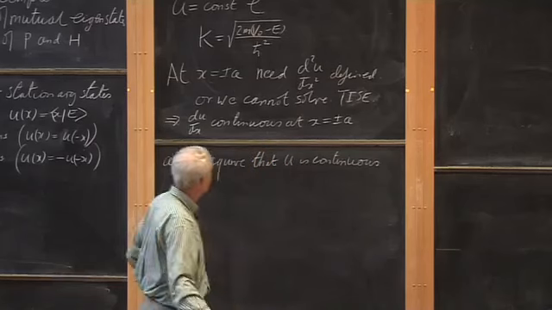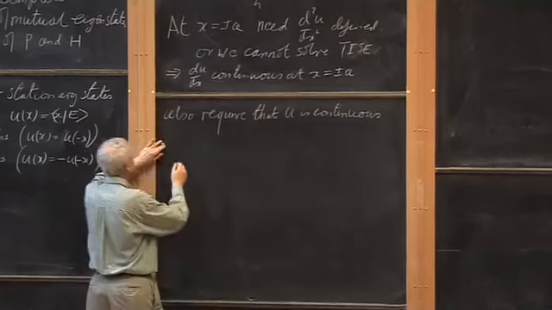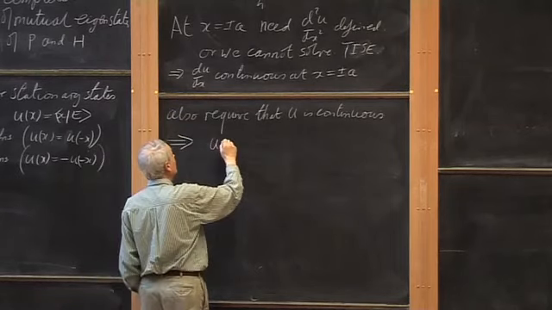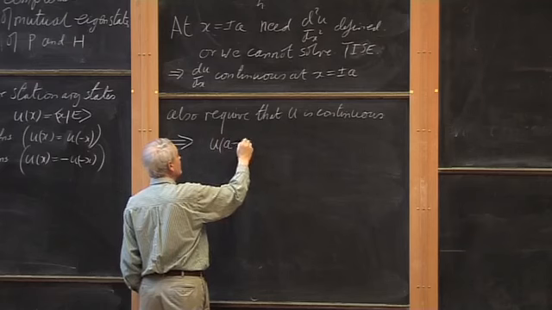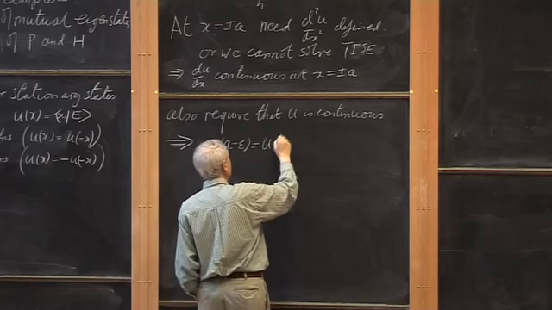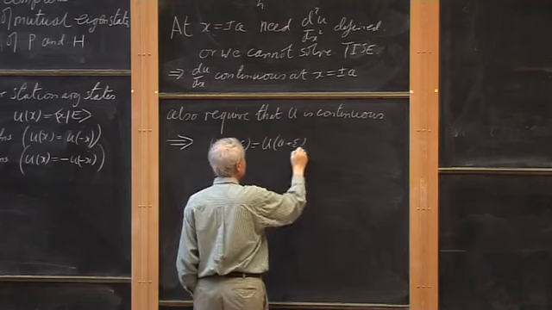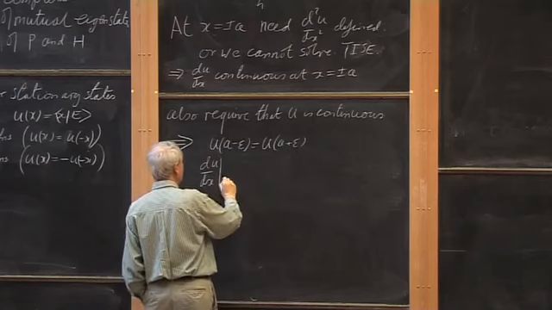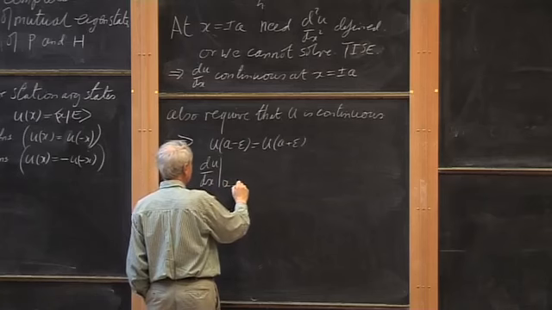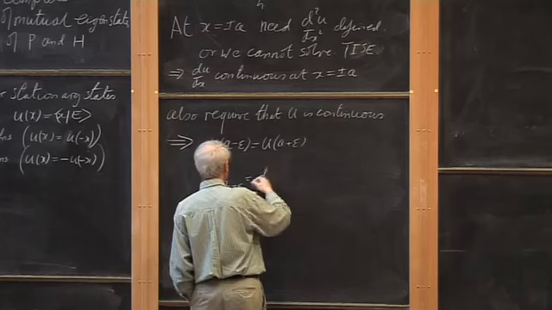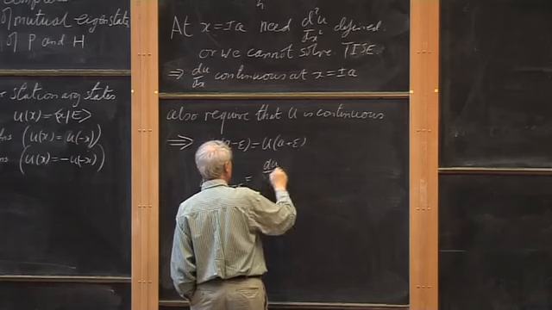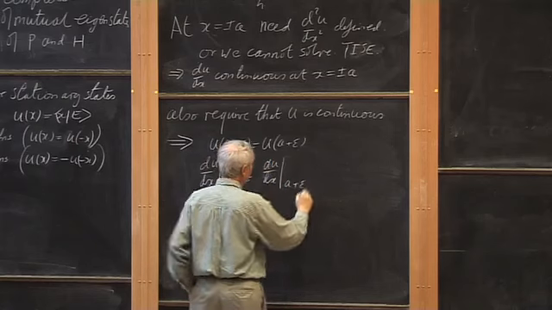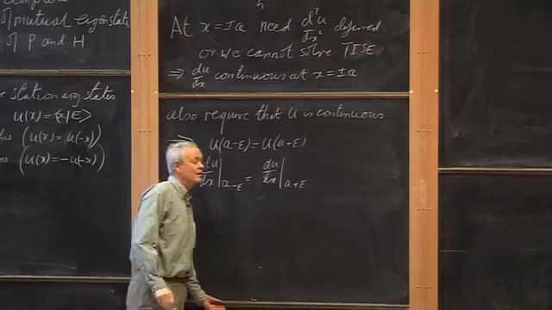So we have to insist that U of A minus some tiny bit is equal to U of A plus some tiny bit, and we have to insist that du by dx evaluated at A minus a tiny bit is equal to du by dx evaluated at A plus a tiny bit called epsilon.